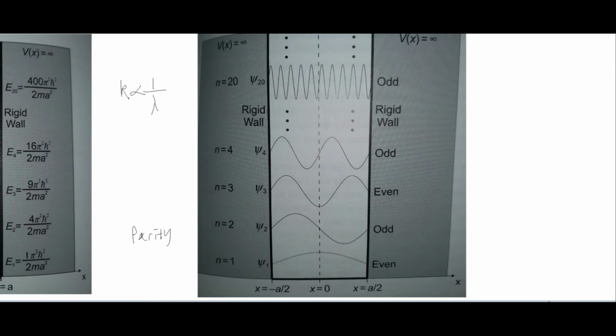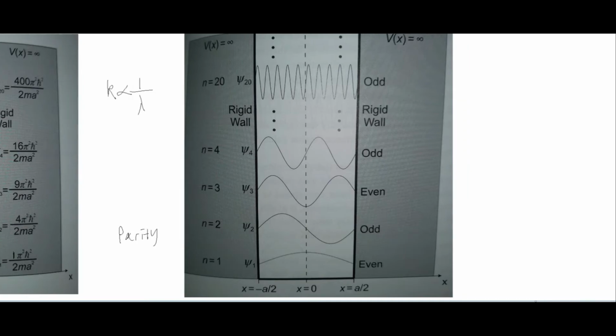This one, to make it a little bit clearer for the parity, they put x in the middle and put it from x equals minus a over 2 to x equals a over 2. But we see it's the same on both sides here, where this, it's opposite on both sides, so it's odd. So it goes even, odd, and it just goes back and forth that way.